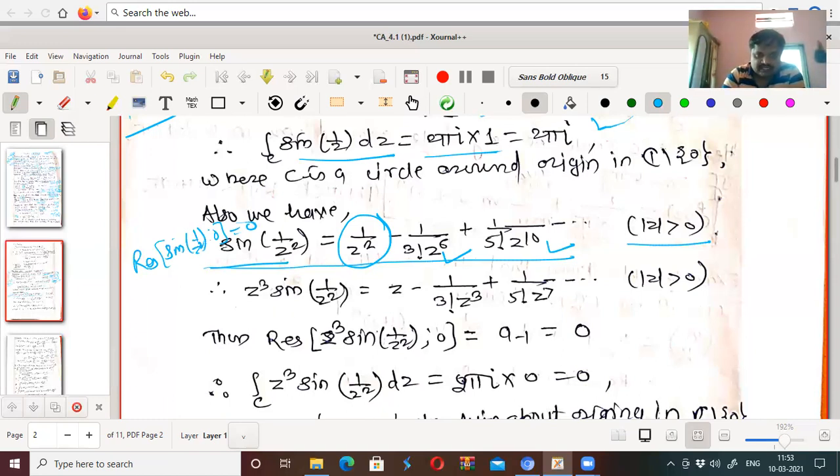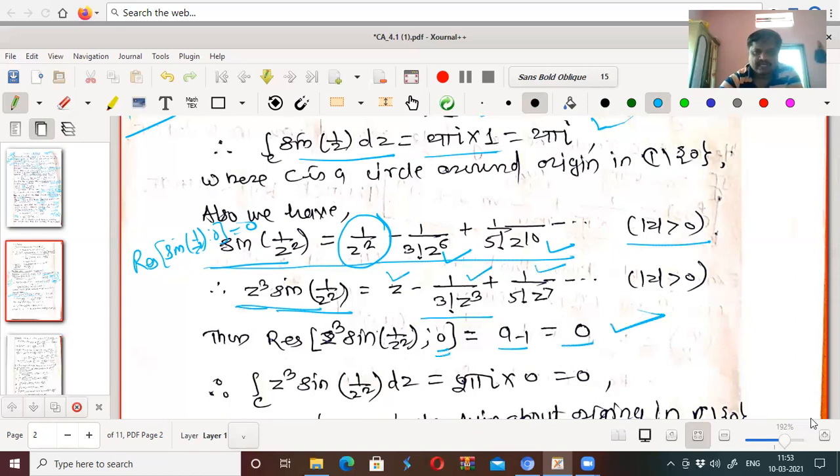If I multiply this with z cube, then z cube into sine 1 by z square is equal to z minus 1 upon 3 factorial z cube, and so on. You are multiplying by z cube. So if I multiply the first term by z cube, you will get z. Second term, we get 1 by 3 factorial z cube. Third term, you will get this. Now what is the coefficient of 1 by z here? Here the coefficient of 1 by z is again 0. And therefore the residue of this function, z cube sine 1 by z square at z equal to 0, which is the coefficient of z to the power minus 1, is equal to 0 again.